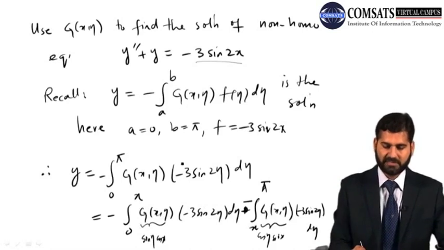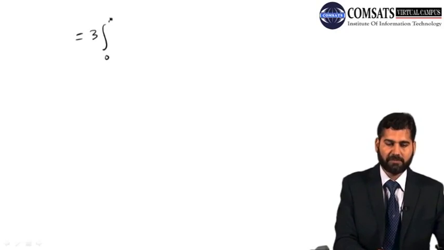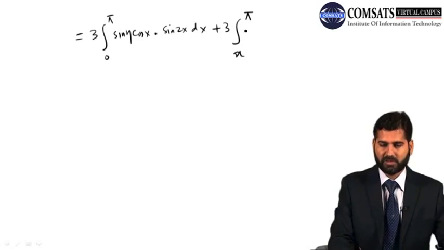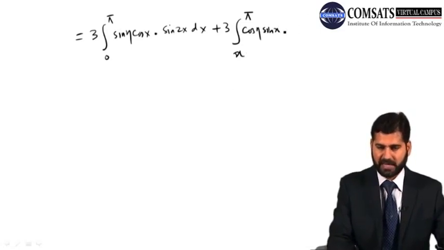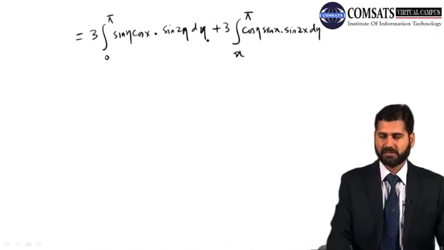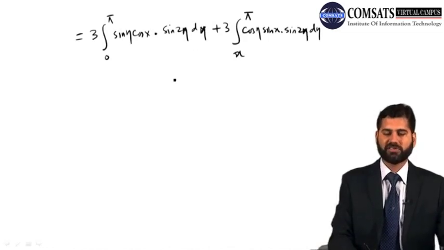So now this minus 3 and minus will become plus 3, so this is plus 3 from 0 to pi, sine eta cosine x times sine 2 eta d eta, and similarly it will become plus 3 from x to pi cosine eta sine x times sine 2 eta d eta. This is eta, this is eta, this is also eta. Alright, so this is what we got.